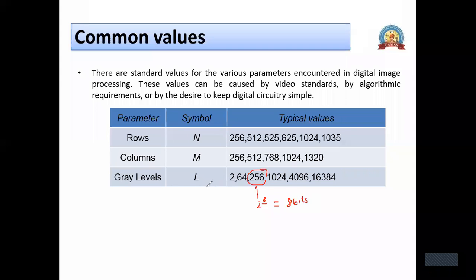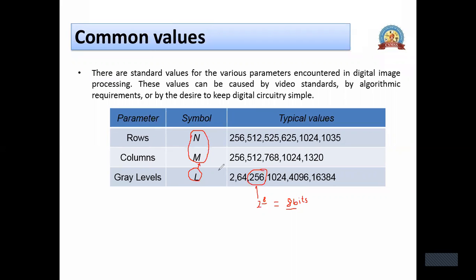So M and N together tell us the number of pixels, whereas the gray level tells us what value will be stored in that particular pixel, right? If we adopt 256 gray levels, that means we use 8 bits to store this value, so for each pixel we use 8 bits.